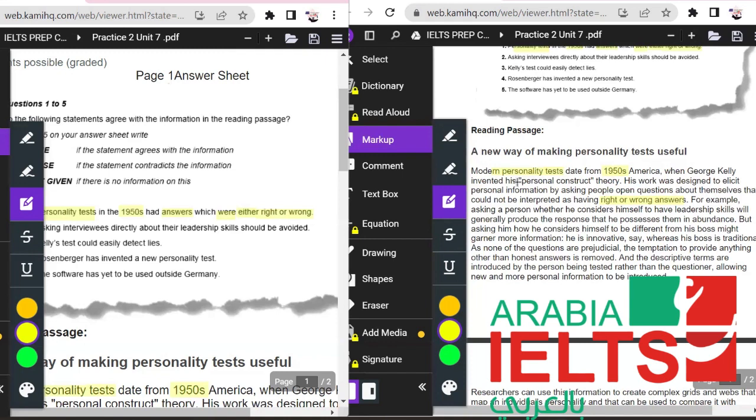So the answers to those open questions could not be interpreted as right or wrong answers. Okay. The statement says they had answers which were either right or wrong. That's not correct. The text says there is no right or wrong answer for these questions, and your statement says there is either right or wrong.